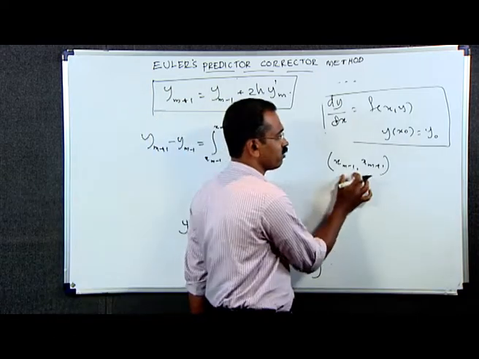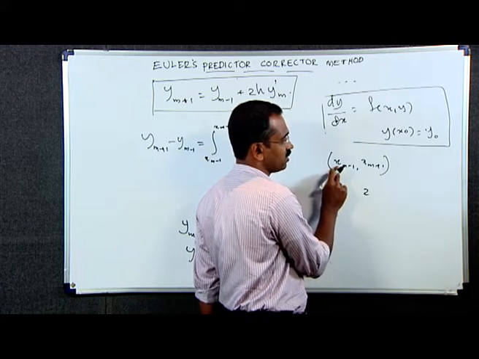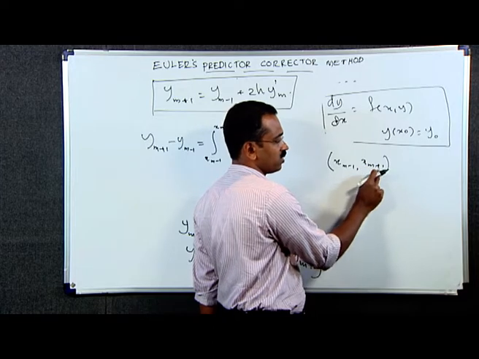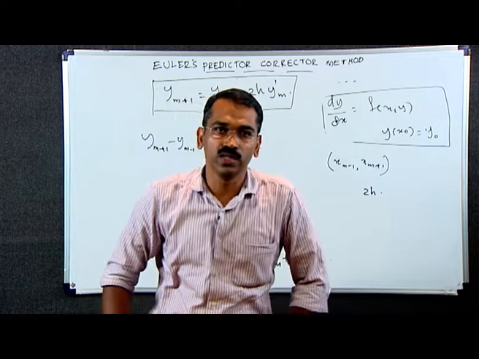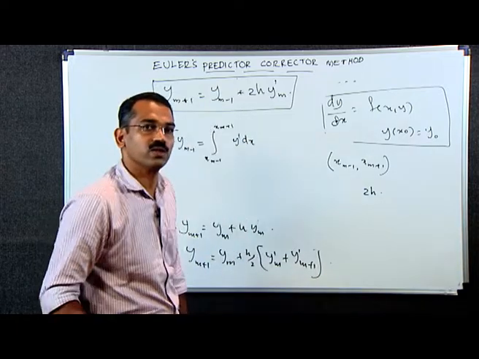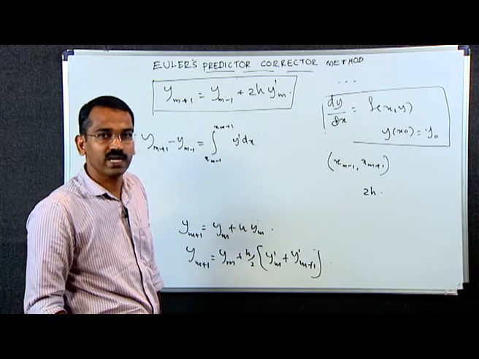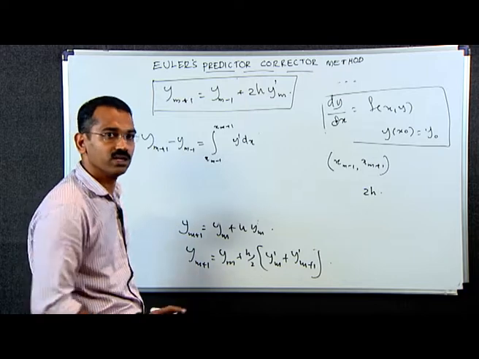Here the length of the interval is 2h, because this is the point x m minus 1 and this is x m plus 1. Therefore, the width of the interval is 2h, and hence we assume y dash m is equal to the value of y dash of x at the midpoint x m of the interval.